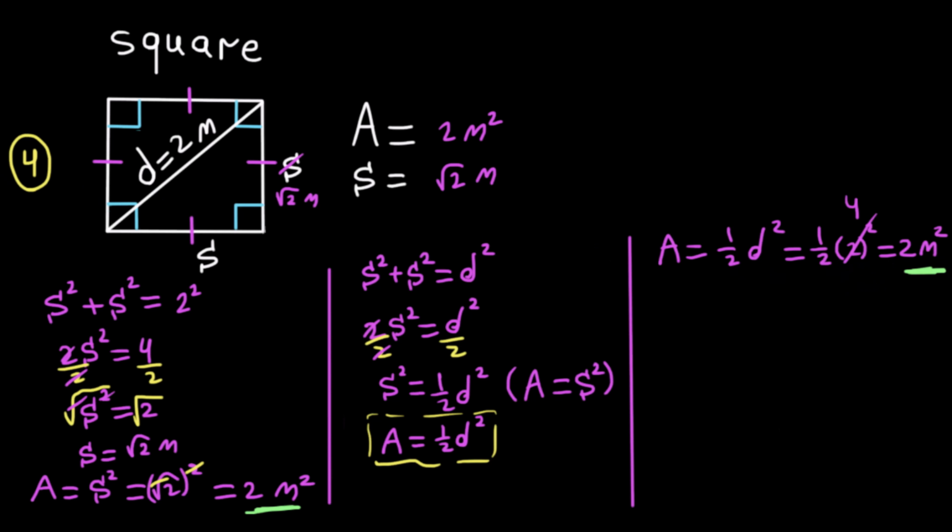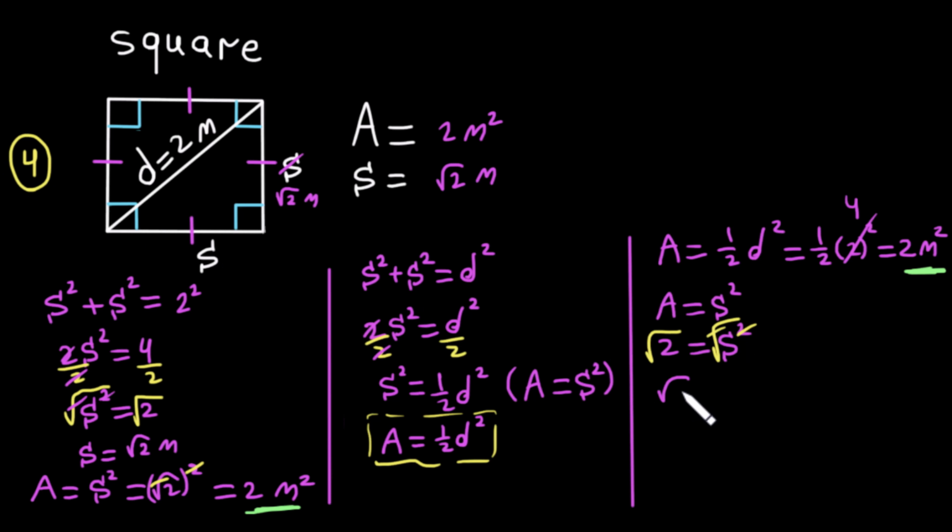Can we find the side by using this? Of course, the same as the second example. We can find the side by saying that a equals s squared, since here a equals 2 and we don't know the s. Now we take the square root for both sides because we want to get rid of this square.